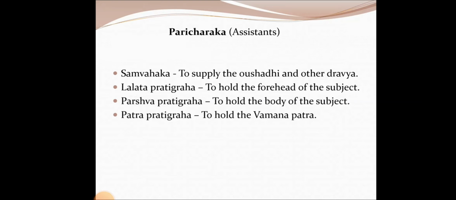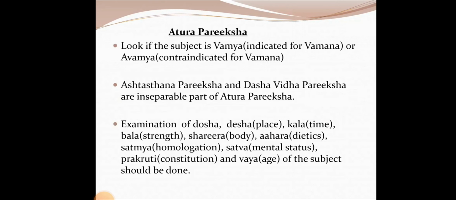Next is the Atura Pariksha. First, initially, what we should do is look whether the subject or patient is Vamya or Avamya, whether she or he is indicated for Vamana or contraindicated. Then normally Ashtasthana Pariksha and Dashavidha Pariksha should be done, and it is an inseparable part of Atura Pariksha in every procedure.